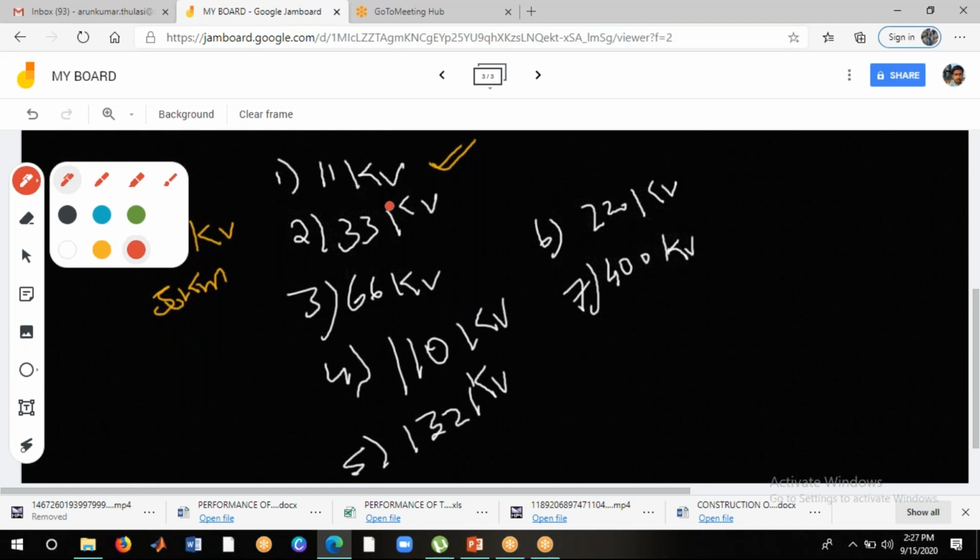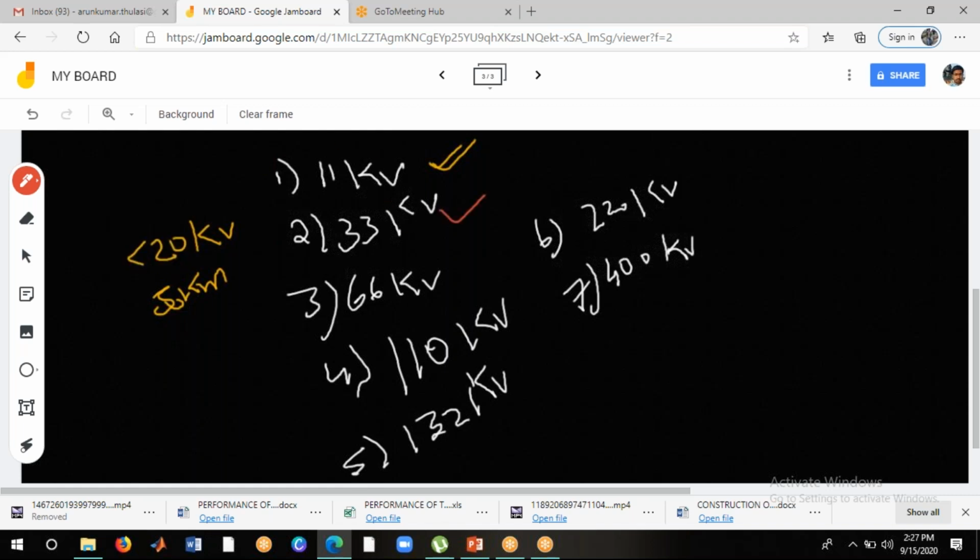So the medium transmission line capacity is 33 and 66 kV. Why? Because its voltage level is between 20 kV and 100 kV. This is the voltage level rating in the medium transmission lines.